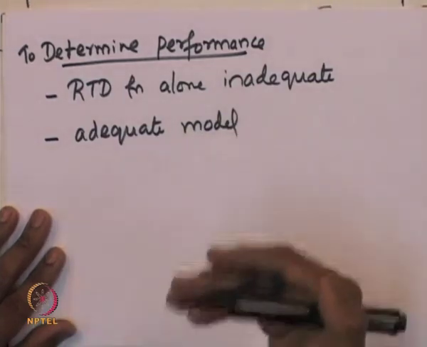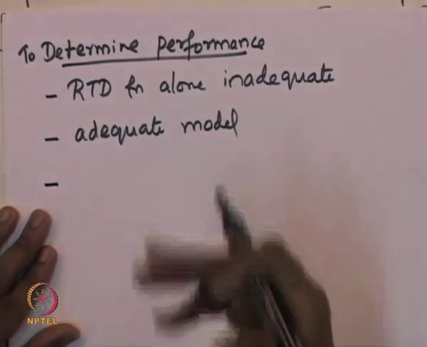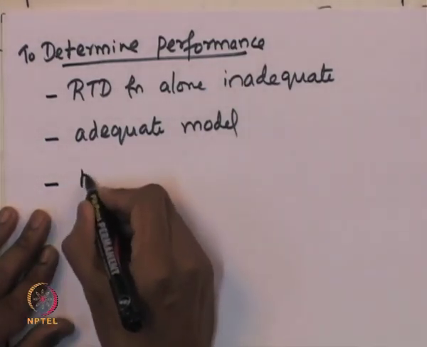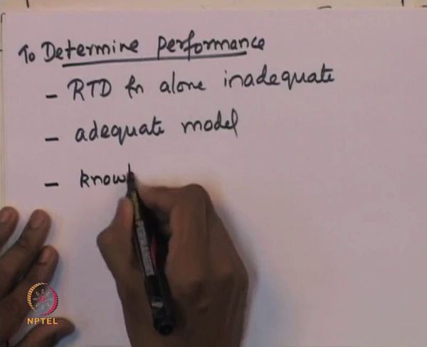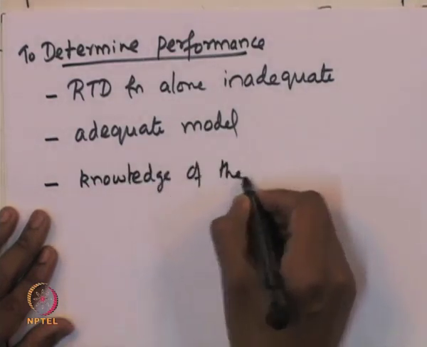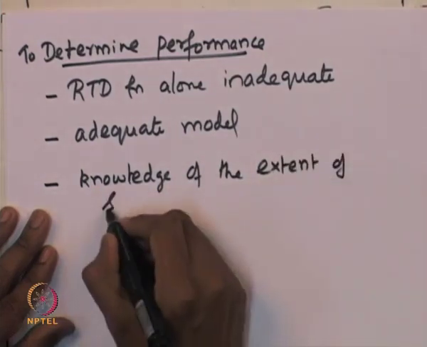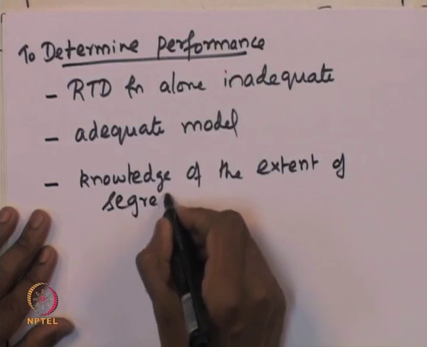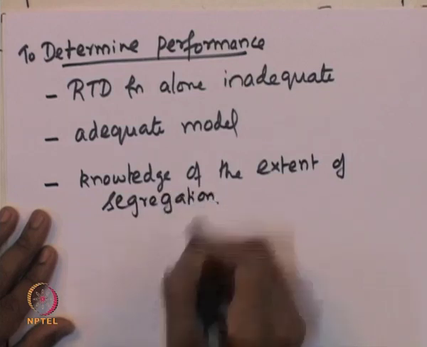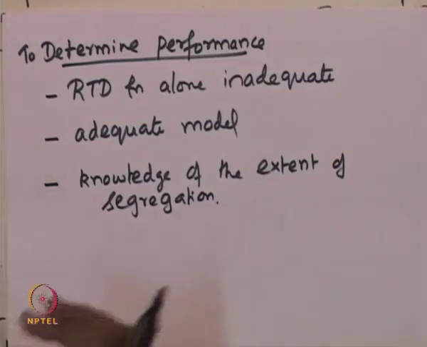One needs to know the adequate model, and more importantly, even if the model is known, the extent of segregation needs to be known, which means the degree of mixing of the fluid elements inside the reactor.